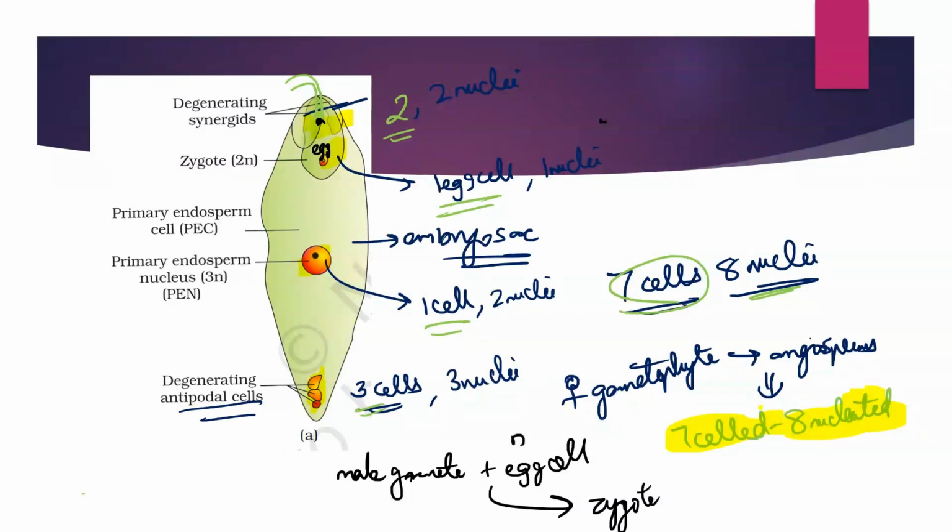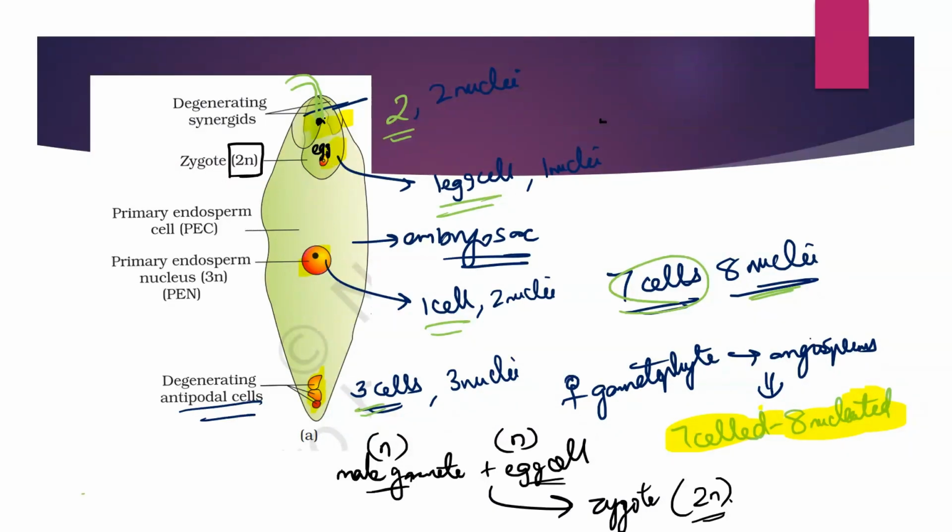Because the egg cell is haploid, as it is a product of meiosis. The male gamete is also haploid. It is also a product of meiosis, formed from the microspore mother cell and megaspore mother cell. So the zygote which is formed is diploid.